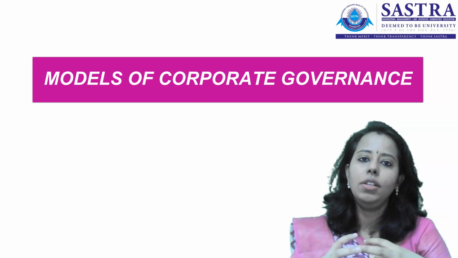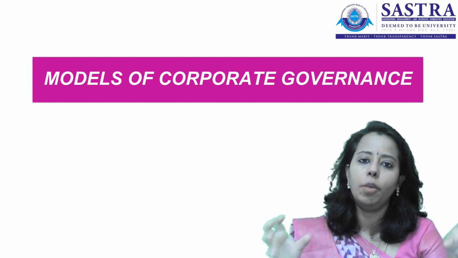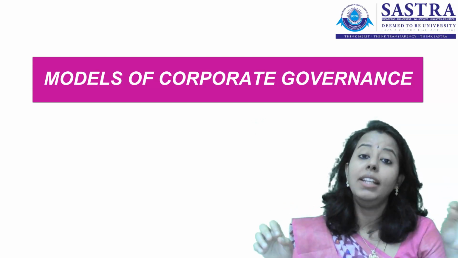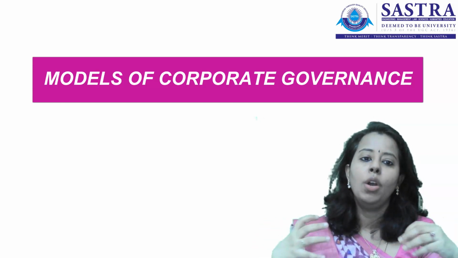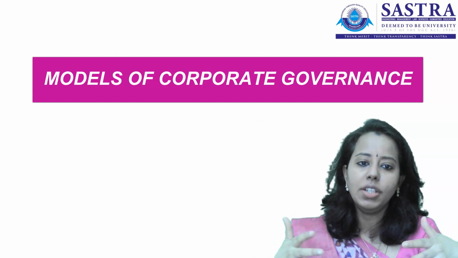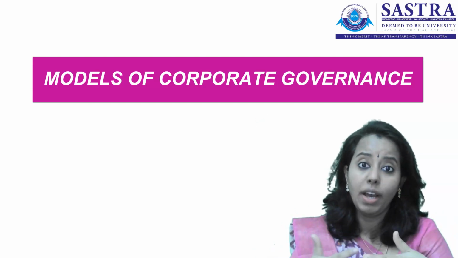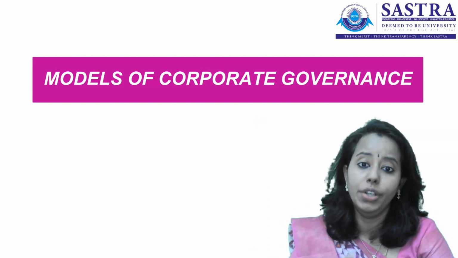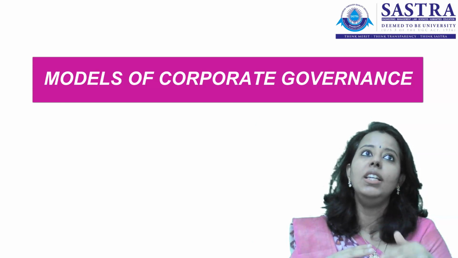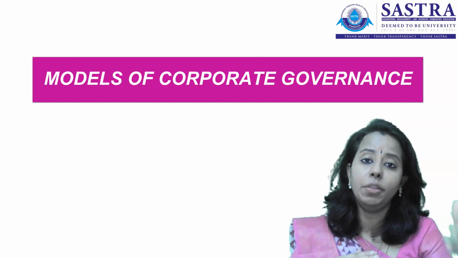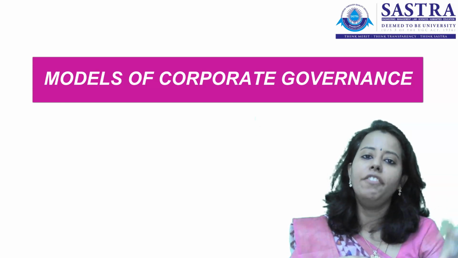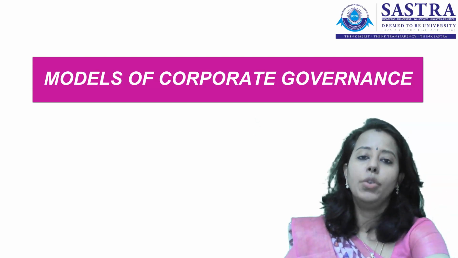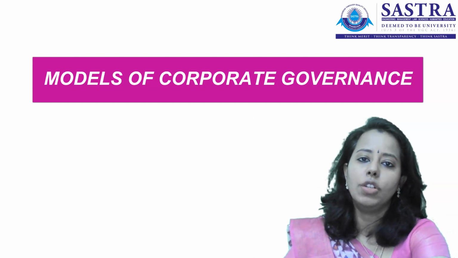All these elements form the corporate governance structure, and these elements differ from country to country. So when these structures differ across countries, that results in different models as well. In today's session, we are going to discuss such models.